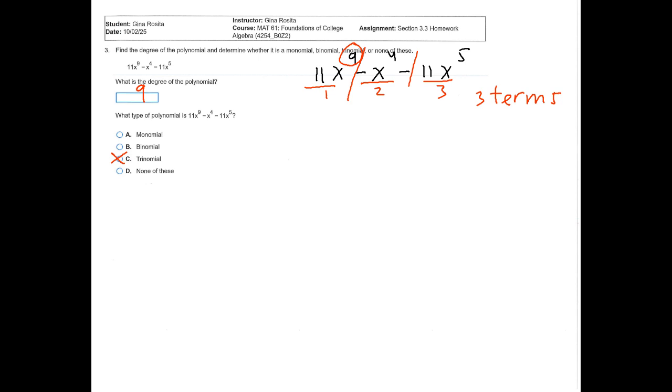Now go to number 4. You have to simplify the following expression by combining like terms. So you have to put them together. I just write down again: 6k squared plus 3 plus 2k squared minus 9. Combining like terms, right? I put k squared together.